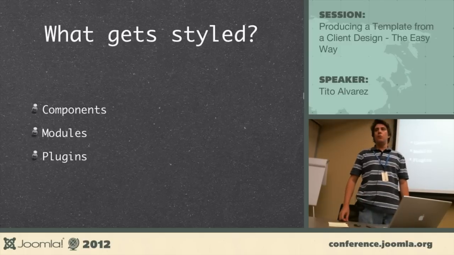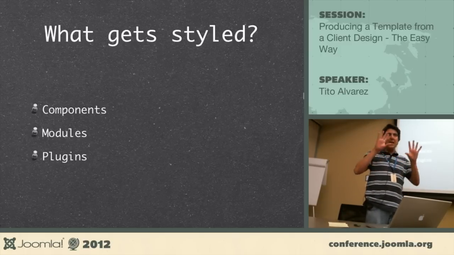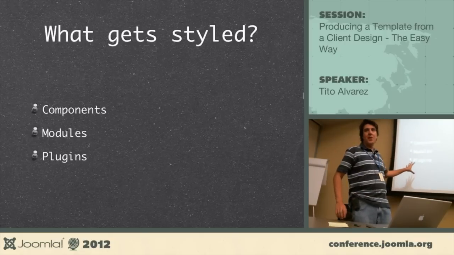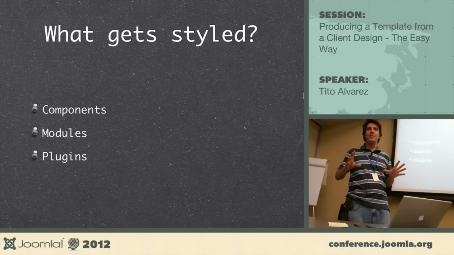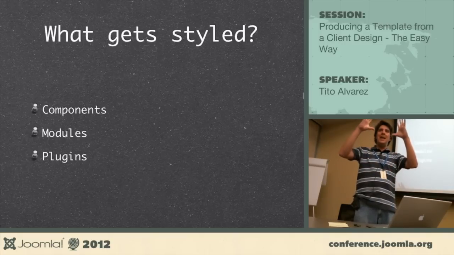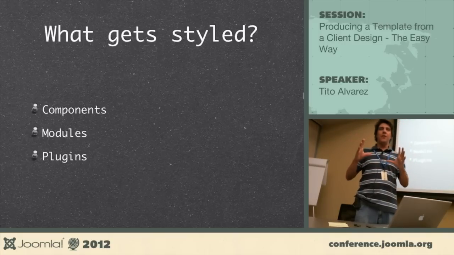So what gets styled when you create a template? Basically everything. And what's everything? I've divided it into these three things. The first one is the components. A component in Joomla is basically the main part of Joomla. For example, when you're seeing some article in Joomla, the main part of the article, the title, the text, that's the component of Joomla.